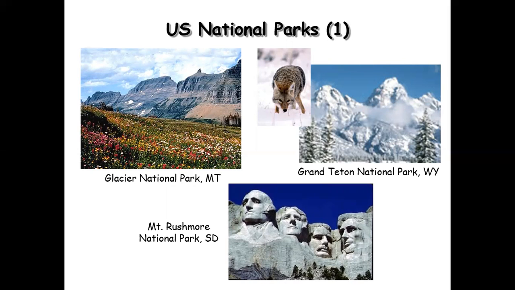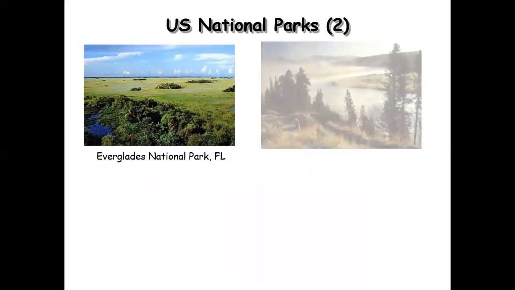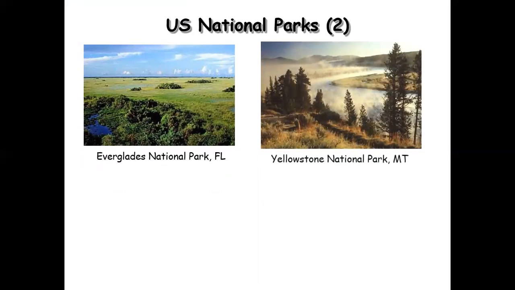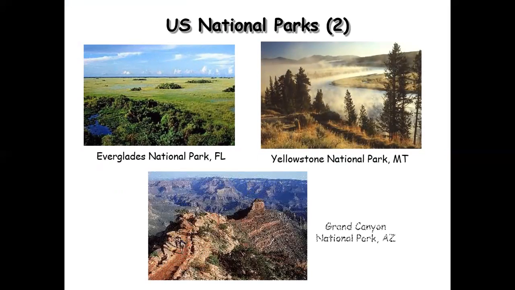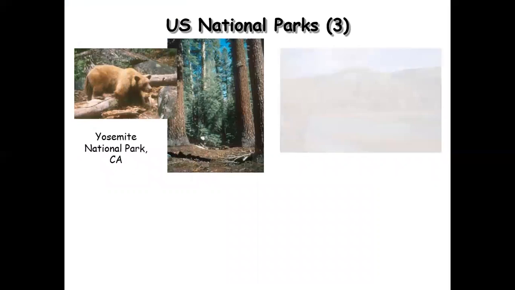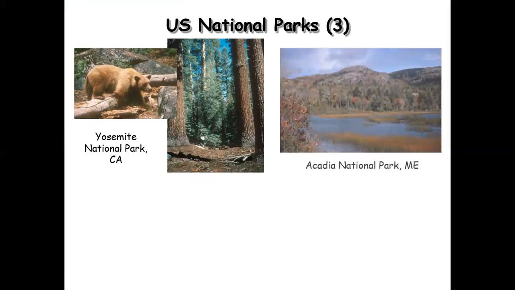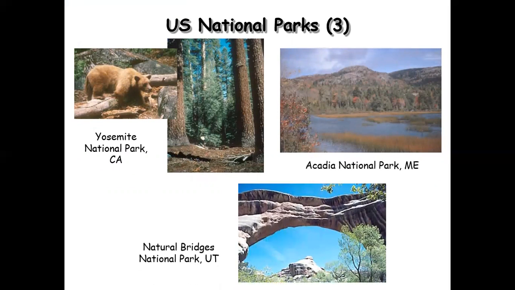I really want to go there. And there's Everglades in Florida, if you want to see the swamplands and gators and all that. But then we have Yellowstone, and we have the Grand Canyon National Park in Arizona. Very beautiful. Then there's Yosemite in California. You want to see some bears, the giant redwood trees, things like that.